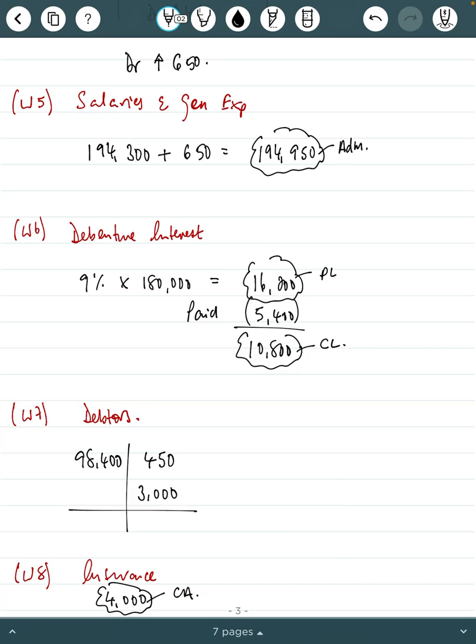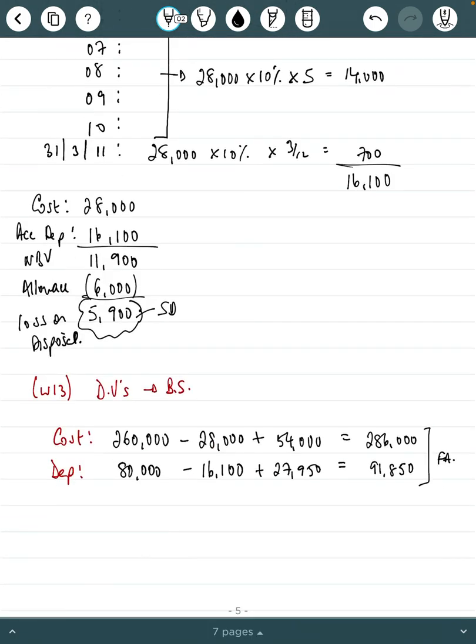My closing balance is 98,400 minus 3,450, and that gives me 94,950. So I have my closing balance, which is the one I want, 94,950. We know we're going to need that for the current assets, but we're also going to need it to adjust the bad debts provision in a second.